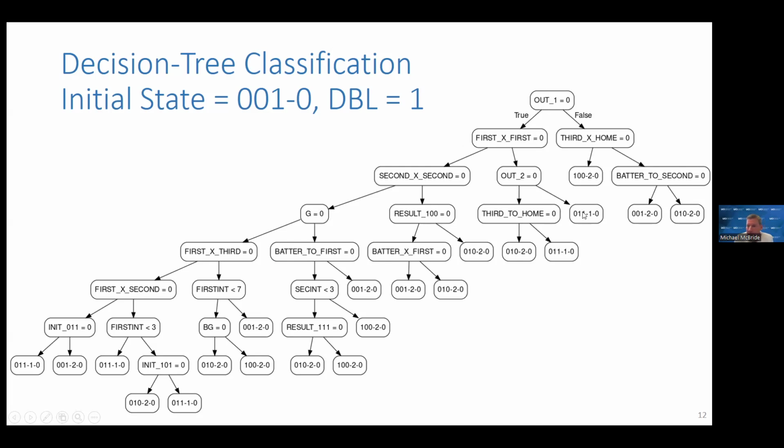And if we come down this process, it says, well, if this variable is 0, it's true, and this variable is 0, and this variable is 0, then this is going to be the predicted outcome. But if we go this way, we're going to get a different predicted outcome. So this is what the tree looks like. This is just part of one tree. The trees are huge, okay? So this is just to give you a sense of what these things look like.